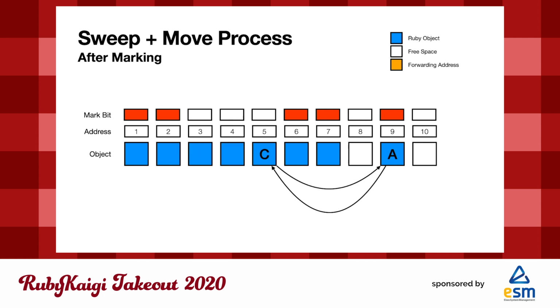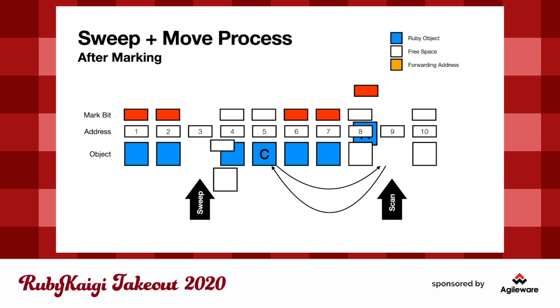Let's look at the same process, but when compaction happens. The process for sweep and compact is about the same. But when it's time to sweep the C class, the A class is moved.